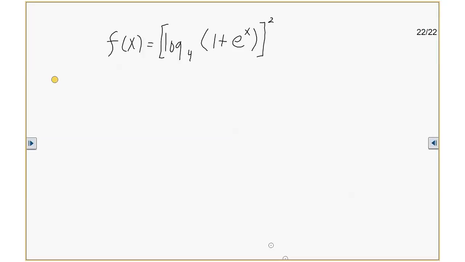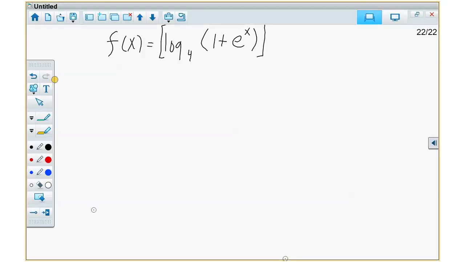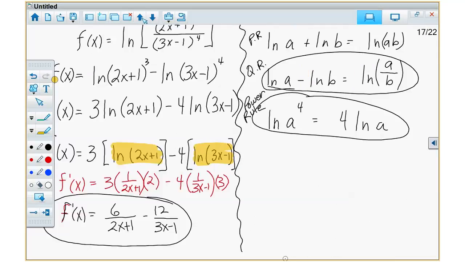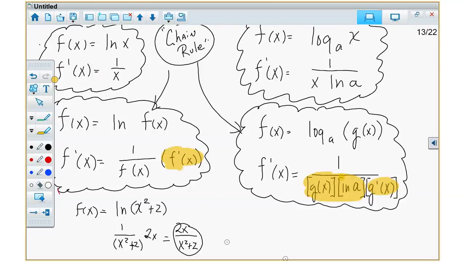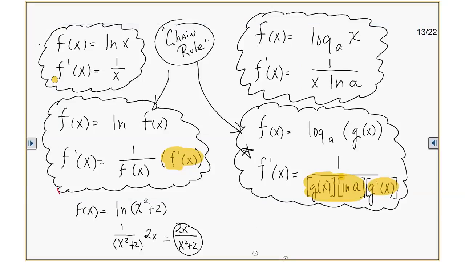That's going to be log base 4 of a function. So just to refresh your memory, when you take the derivative of what's inside right here, you're going to be using this one, because you got log base whatever of a function.